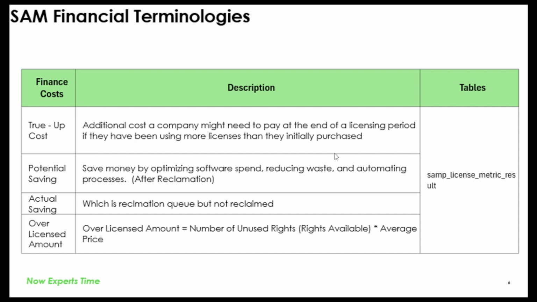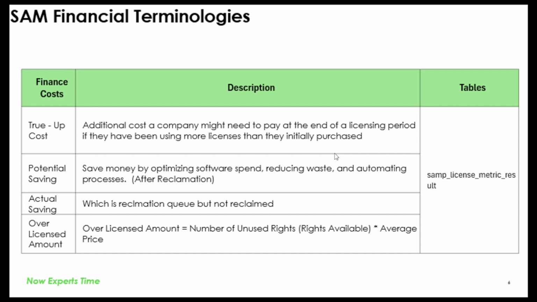This question may come: I purchased 1000 licenses, how can 1500 users use it? On the ServiceNow side, we are waiting for the data from the data source. This data source is your publisher. That publisher might be Microsoft, Adobe or Citrix, whatever it is. The publisher sends that consumption data to ServiceNow via integration, and that data helps to calculate the true up cost as well.